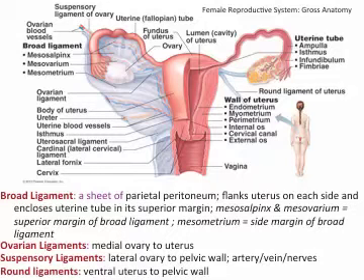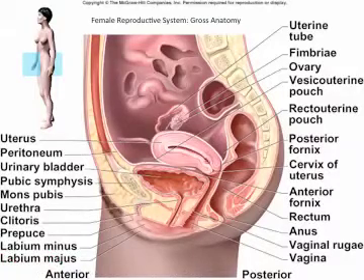And also, if you see a red tube, that's an artery, and a blue tube, that's a vein. And then the round ligament will take the ventral part of the uterus and attach that to the pelvic wall.